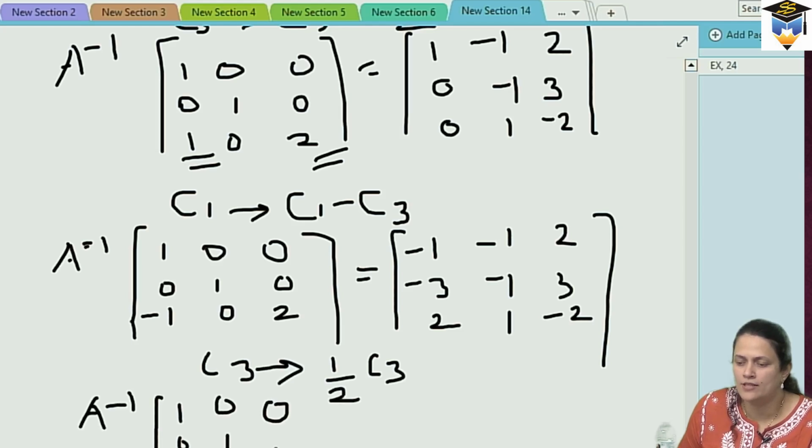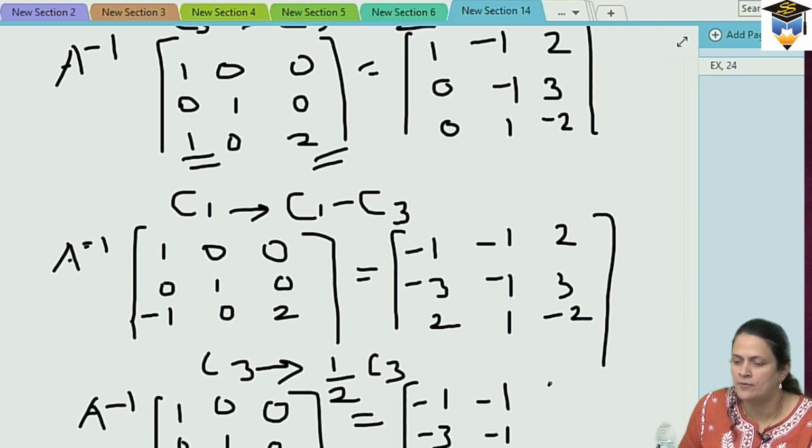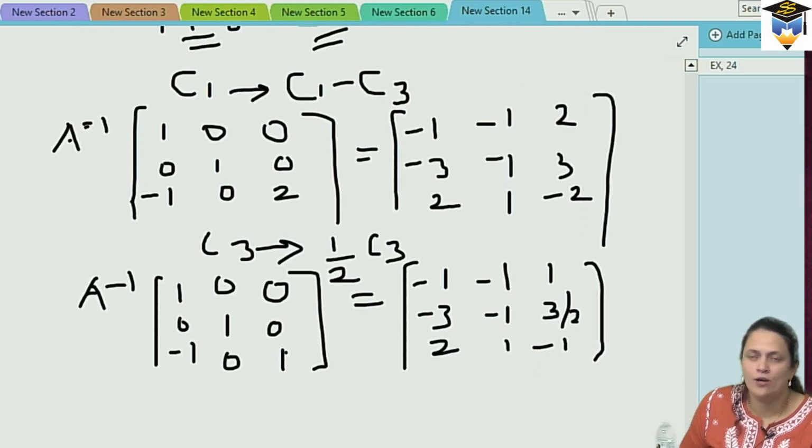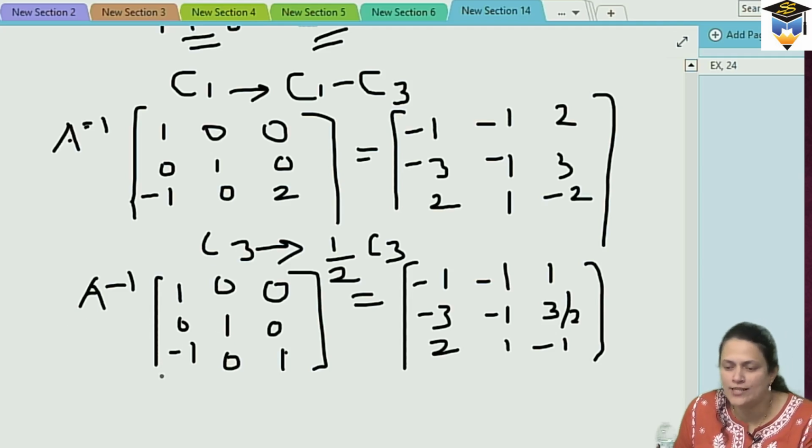This will become 0, 0, 1. This will become 2 by 2, that is 1, 3 by 2 and minus 1. Okay. Now, the only thing which we need to transform is this.